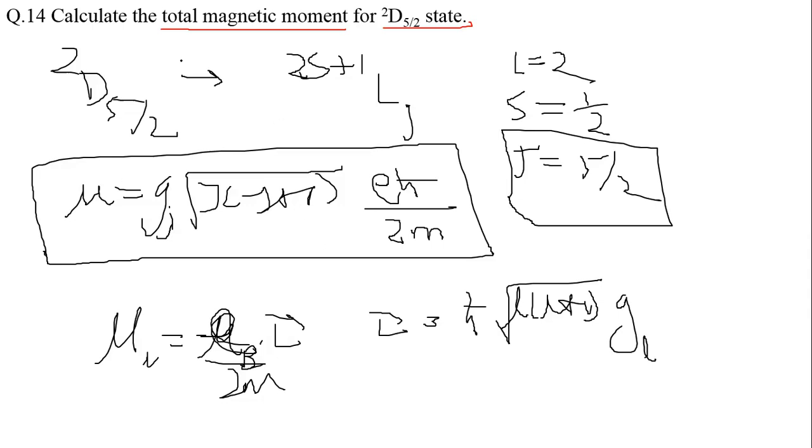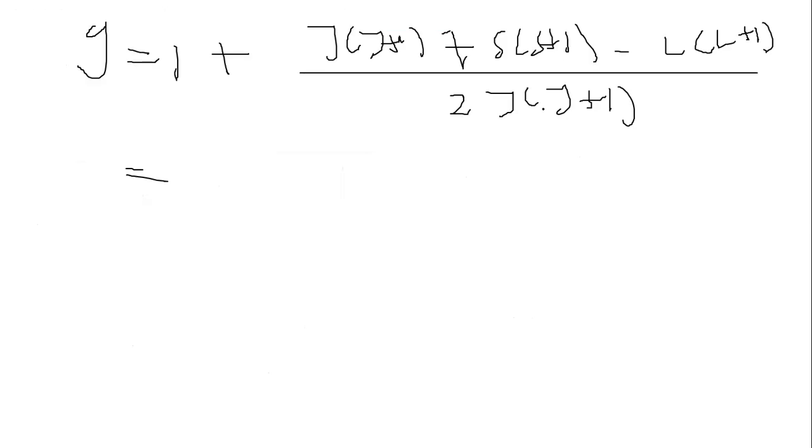So first, for this particular state, we have to calculate the g_J value, that is the g factor for the total angular momentum quantum number. So please put in L equal to 2, S equal to half, and J equal to 5 by 2, and calculate what will be the value of g for this case.